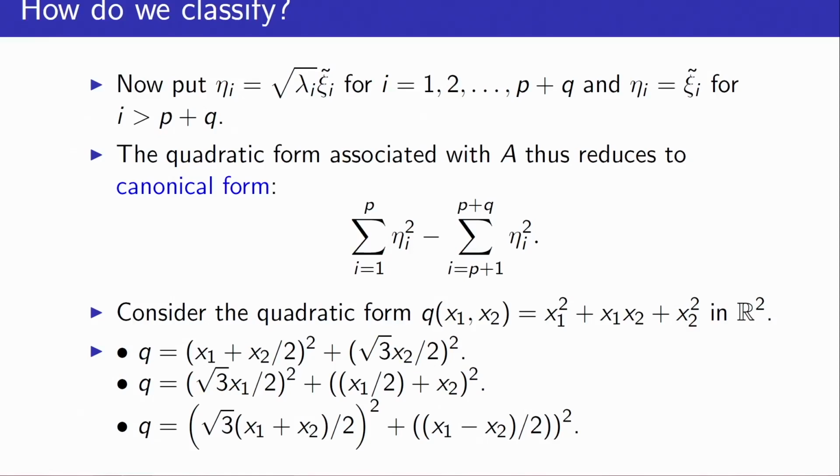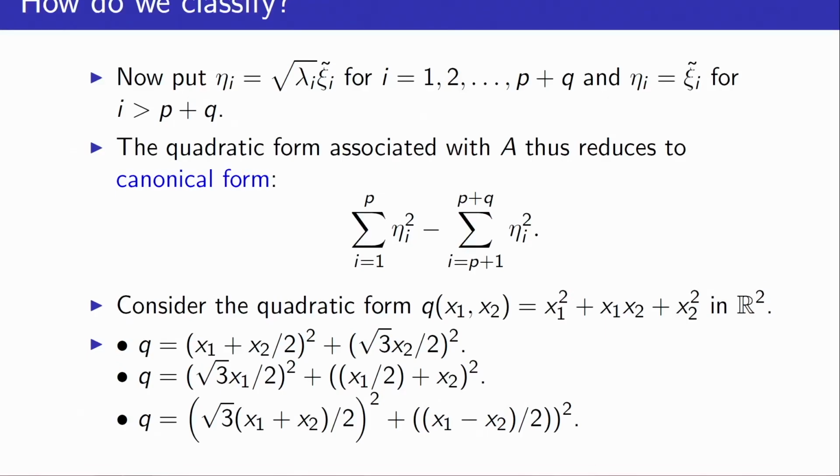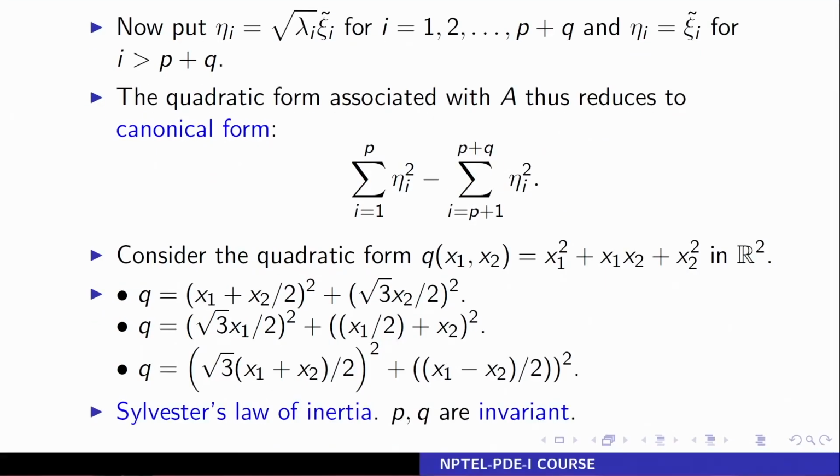So, the canonical form is not unique, but what is unique, and that again is from linear algebra, is the number of positive eigenvalues p and the number of negative eigenvalues q. They are invariant, and this is called Sylvester's law of inertia.